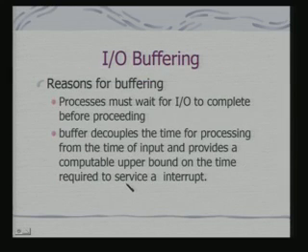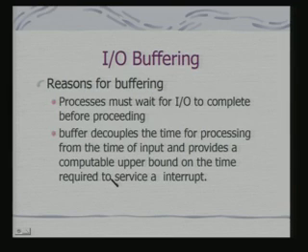So, the very basic policy that the OS adopts for interfacing with these devices is buffering, okay? And these buffers are managed through your device drivers. Processes must wait for I/O to complete before proceeding, but if you can use a buffer, what do we say? The buffer decouples the time for processing from the time of input and provides a computable upper bound on the time required to service an interrupt.